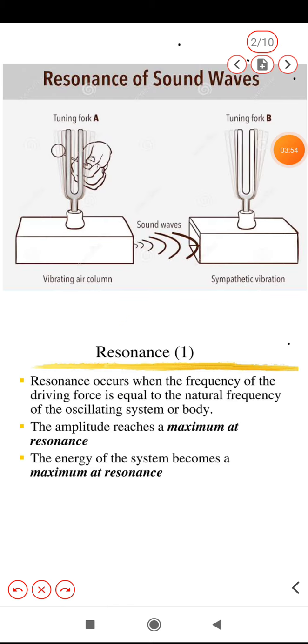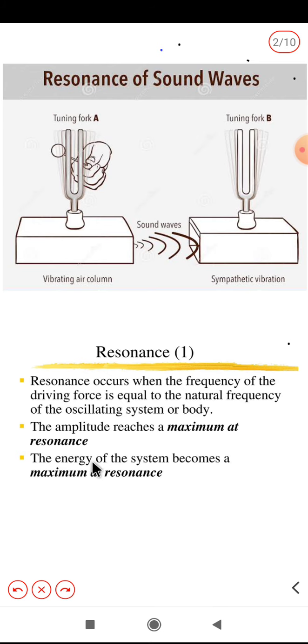So, resonance is a special case of force vibration in which two bodies oscillate with the maximum amplitude and in phase. They perform the vibration of the same frequency, with the maximum amplitude, but for that purpose their natural frequency has to be equal.